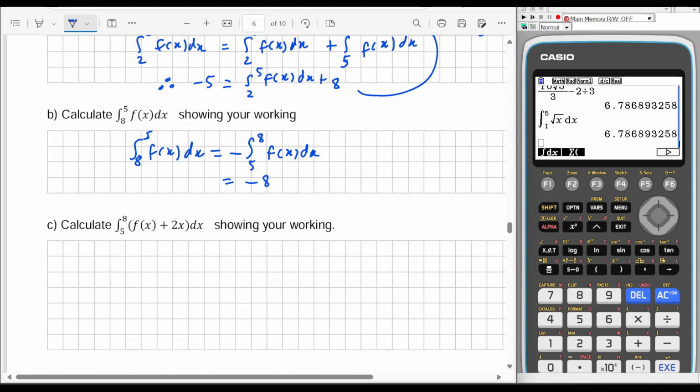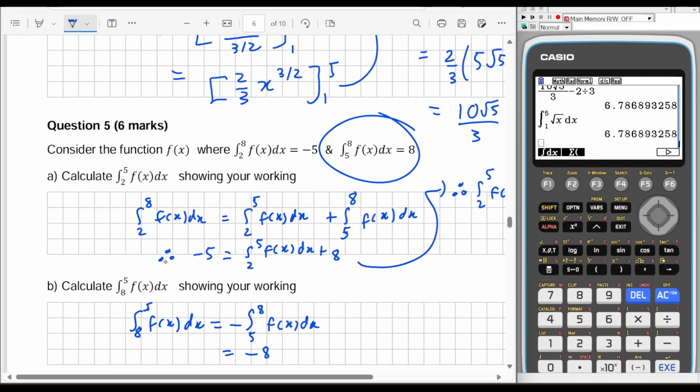Next one, the integral from 5 to 8 of f of x plus 2x. So we can actually split this into two integrals. So that's the integral from 5 to 8 of f of x plus the integral from 5 to 8 of 2x. Now we already know what one of these integrals are. It's 8. So we're going to put 8 for that bit.